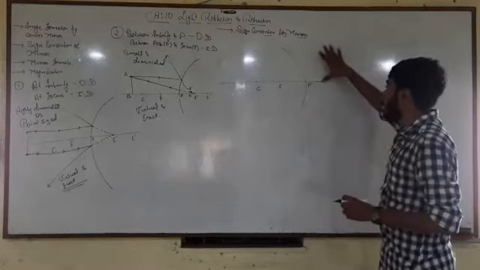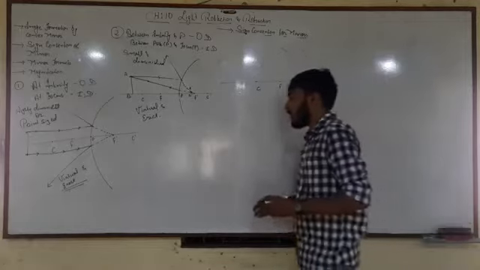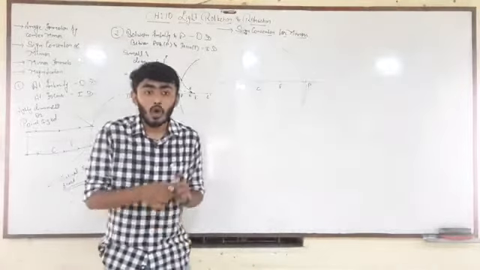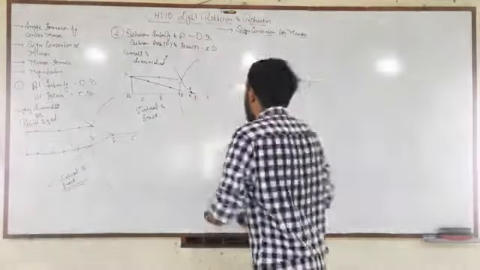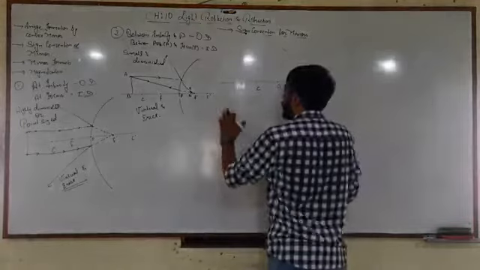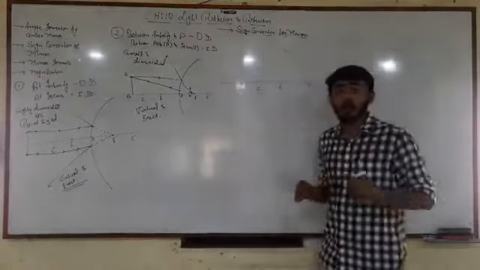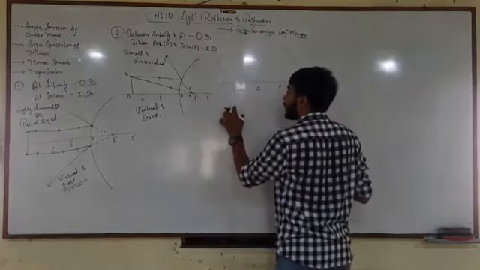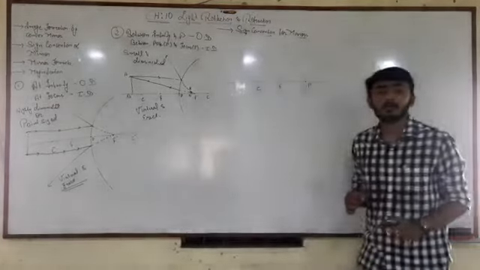Okay, I hope you are clear with this, students. Now the rules and regulations state that the object should always be kept on the left hand side of the mirror. Okay, so on my left hand side will be this, so the object is always kept on the left hand side of the mirror. That is the first rule.